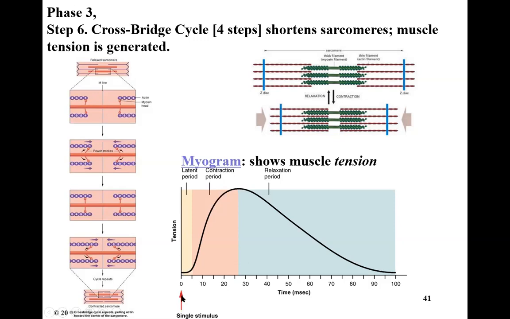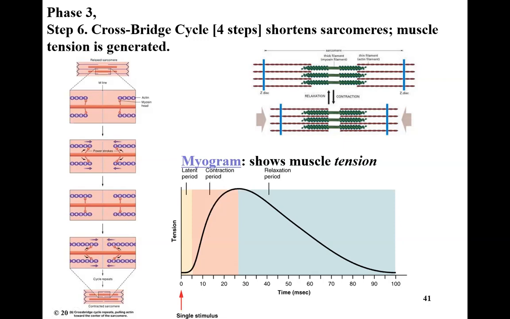And here is the stimulus. So here is when the motor neuron releases acetylcholine. Note that there is a brief period of time where there's no tension whatsoever that is generated by this particular muscle cell. And so what's happening here is all of those crazy steps that we literally just talked about, steps 1 through 6.